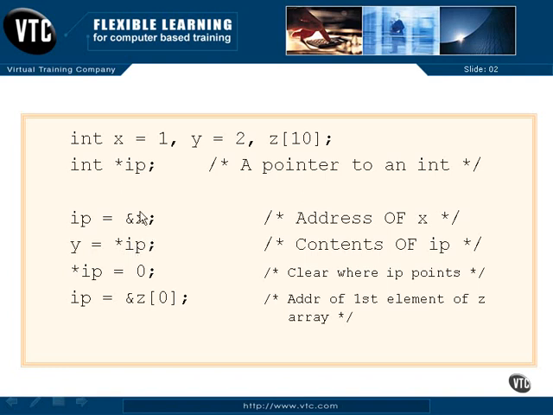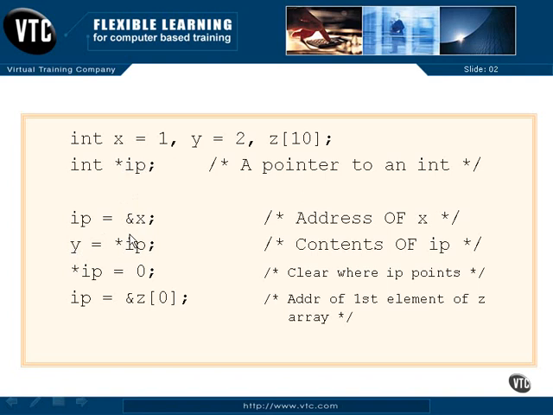We know that that address is where x is located. Then we go to that place in memory and get the thing that's in that place in memory. We know that to be a 1. This says that y is equal to the contents of IP. We know that IP is set equal to the address of x. So this will take what is in x, which is a 1, and put it into y. All right, that's what's happening there.